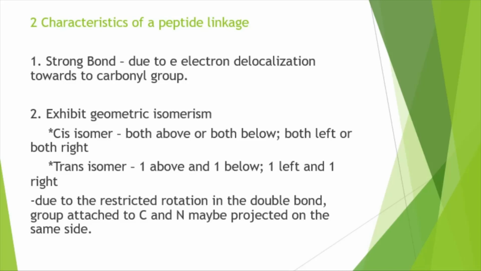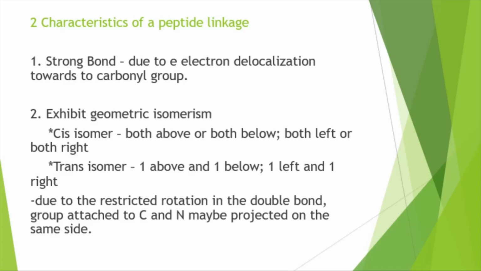So we have cis isomers. When we say cis isomers, both functional groups attached are both located above or both below, or both located on the left side or both on the right side. But when we say trans isomer, one group is attached to one side and the other one is on the opposite side.